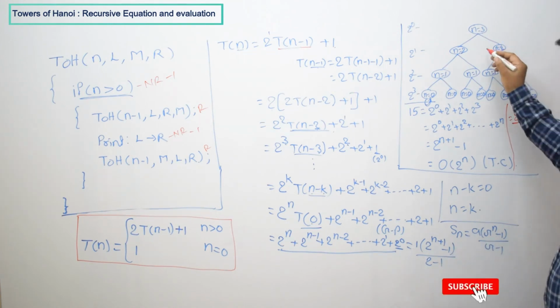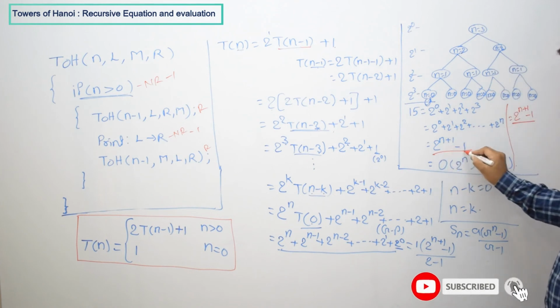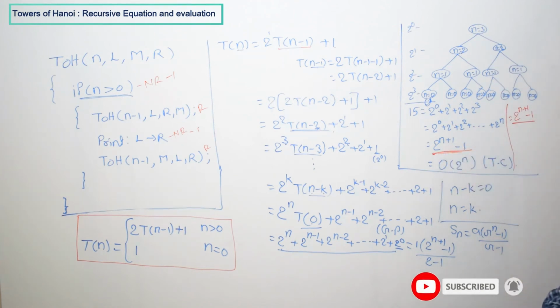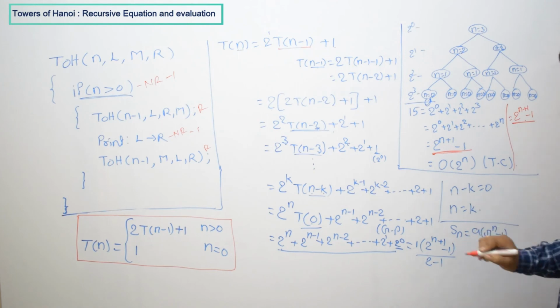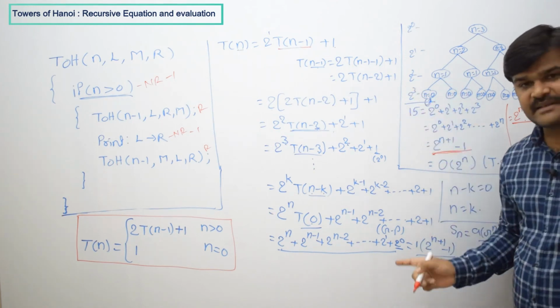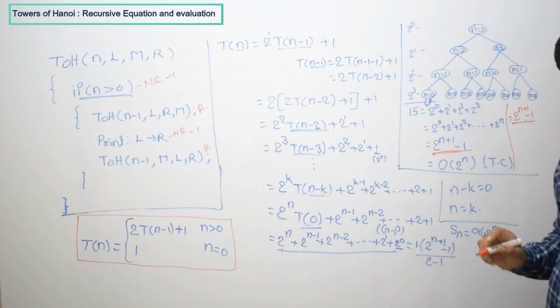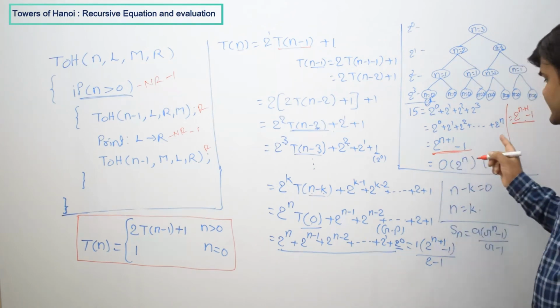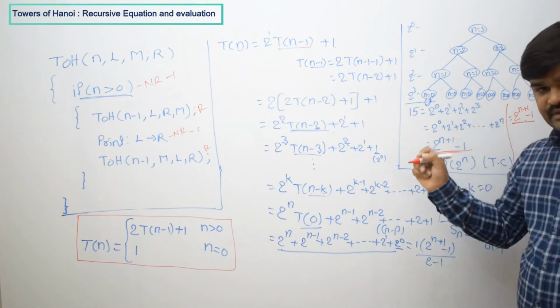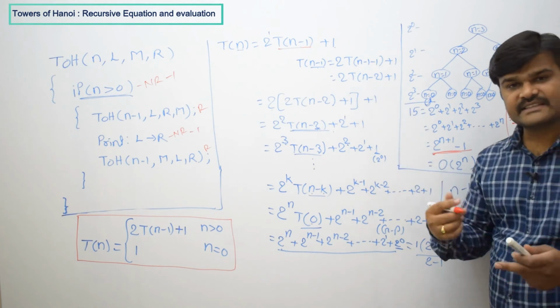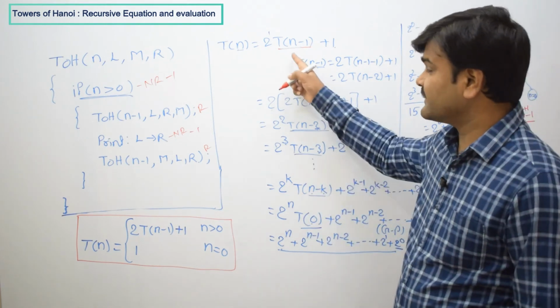And even from the recursive tree we got the same thing. So both are the same. The recursive equation is giving the same as the recursive tree. This is getting the answer by using the recursive tree, and this is by using the recursive equation with the substitution method.